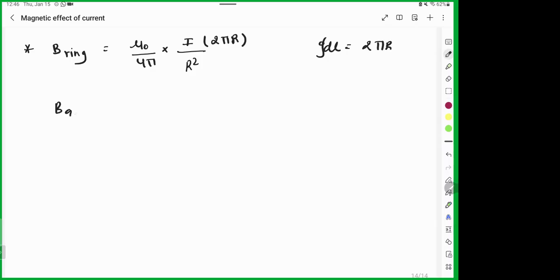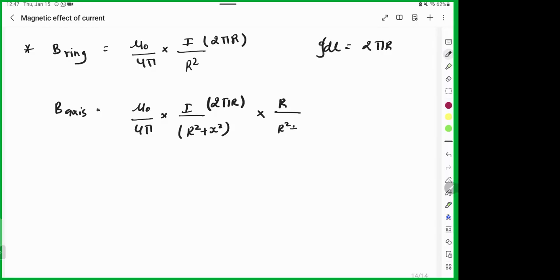For the axis at any point, it will be nu naught upon 4 pi, I by r square plus x square, dl again is 2 pi r, and sine theta is r by r square plus x square whole 3 by 2. Any doubt?